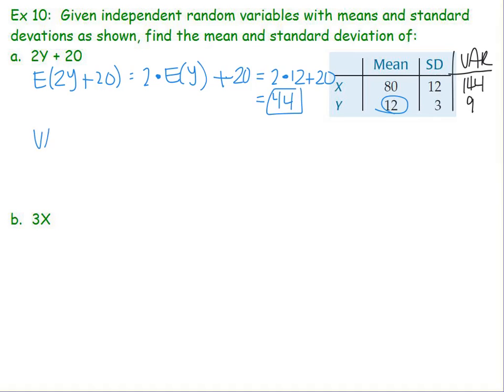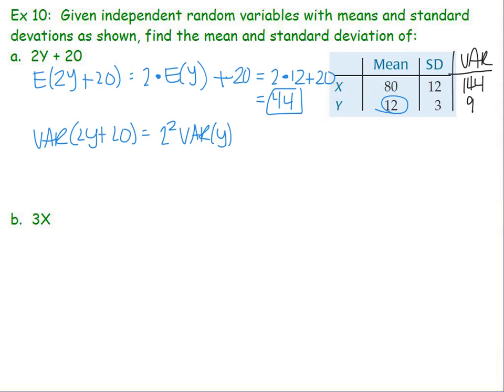Do the same concept with variance of 2y plus 20. So again, we're going to pretend that 20 isn't there. If the 20 is not there, then we're looking at equation 4. And equation 4 says whatever we're multiplying by, which is 2, we're going to square it, and we're going to multiply it times the variance of y.